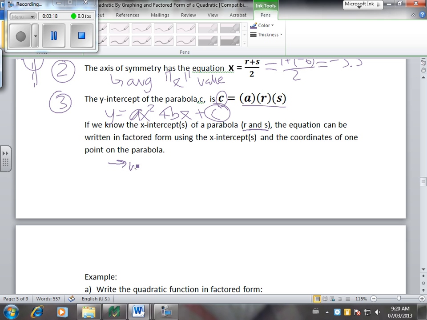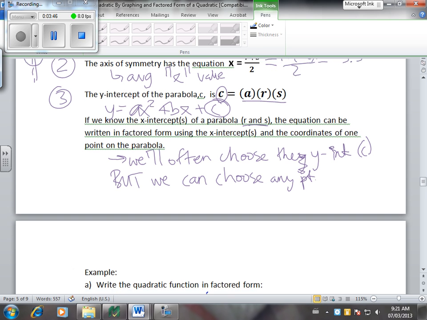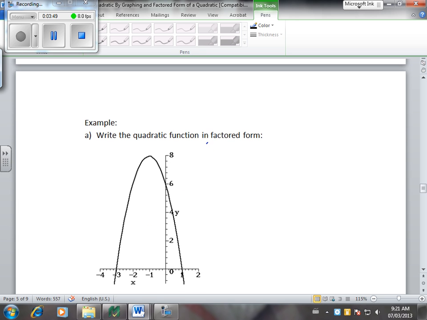And we'll often choose the y-intercept, which remember is c, but we can choose any point. As long as you can tell what coordinates they are, as long as it's quite clear, then you can choose any point. So let's do an example here.